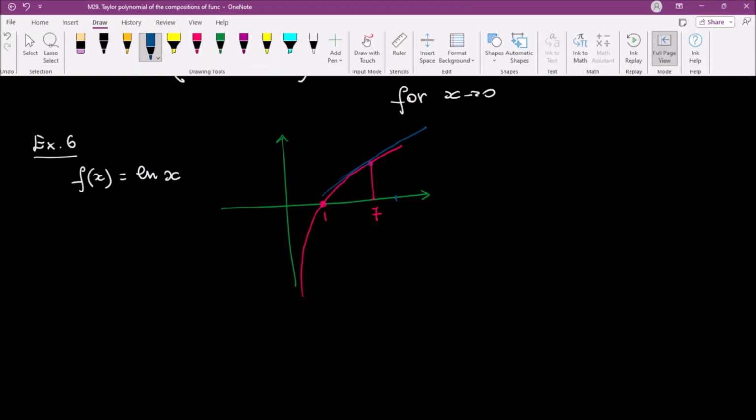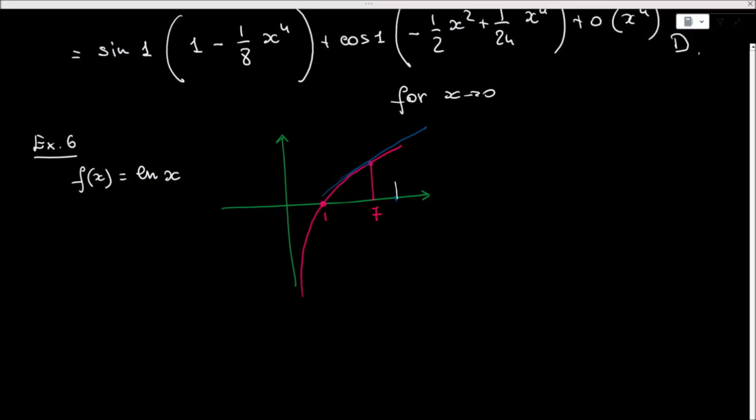Okay, and we will consider this increment h. So let's say that we want to take x naught equals 7, and we want to expand up to the order 4, and we will consider an increment x, which is simply 7 plus h.